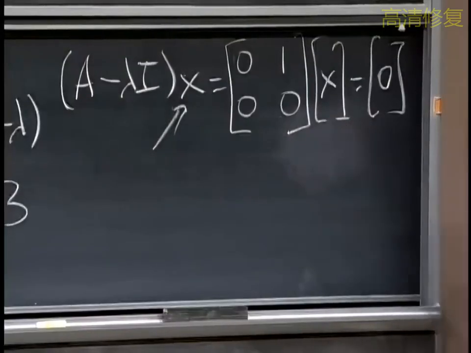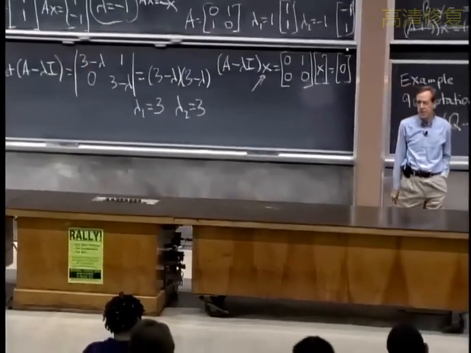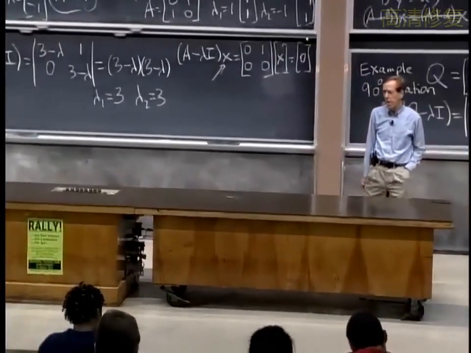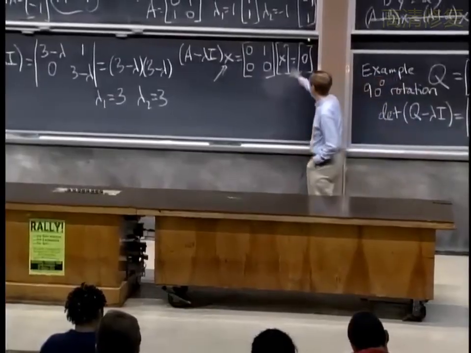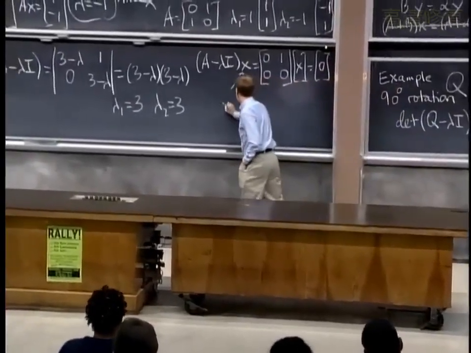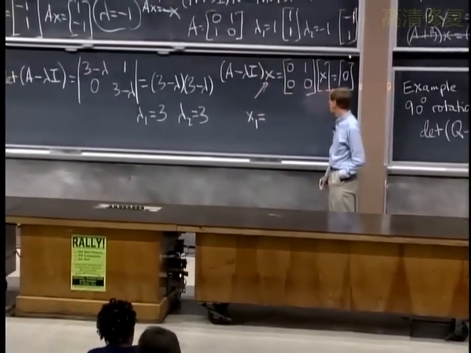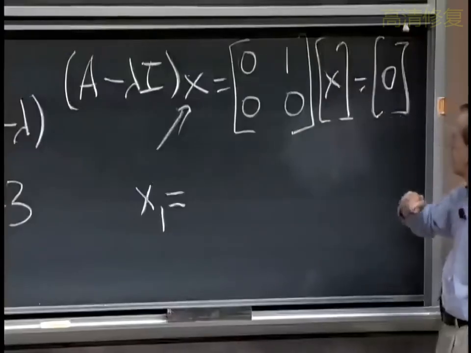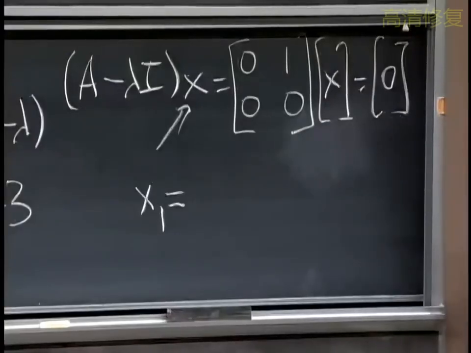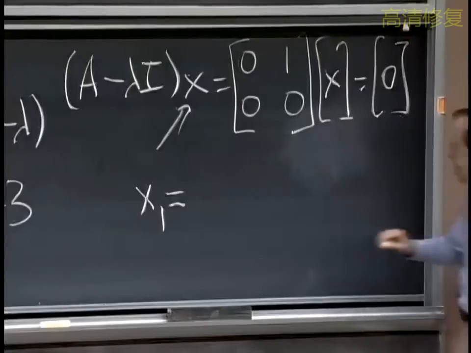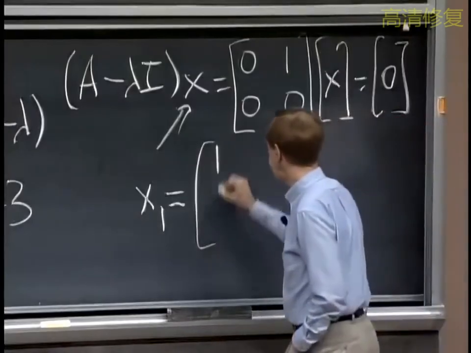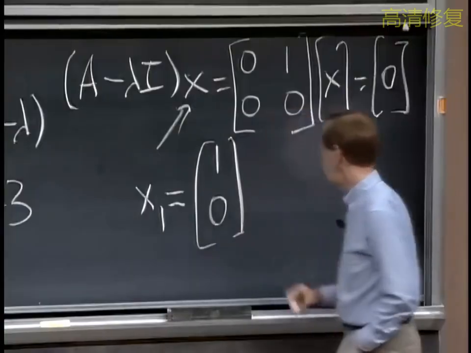Give me a basis for the null space for that guy. Tell me what's a vector x in the null space. So that'll be the eigenvector that goes with lambda 1 equals 3. What's in the null space? 1, 0, is it? Great.